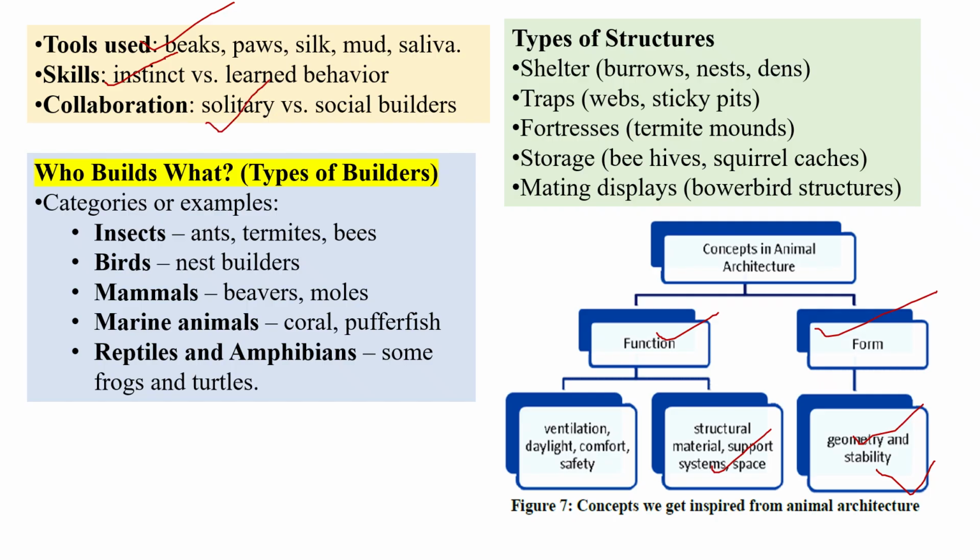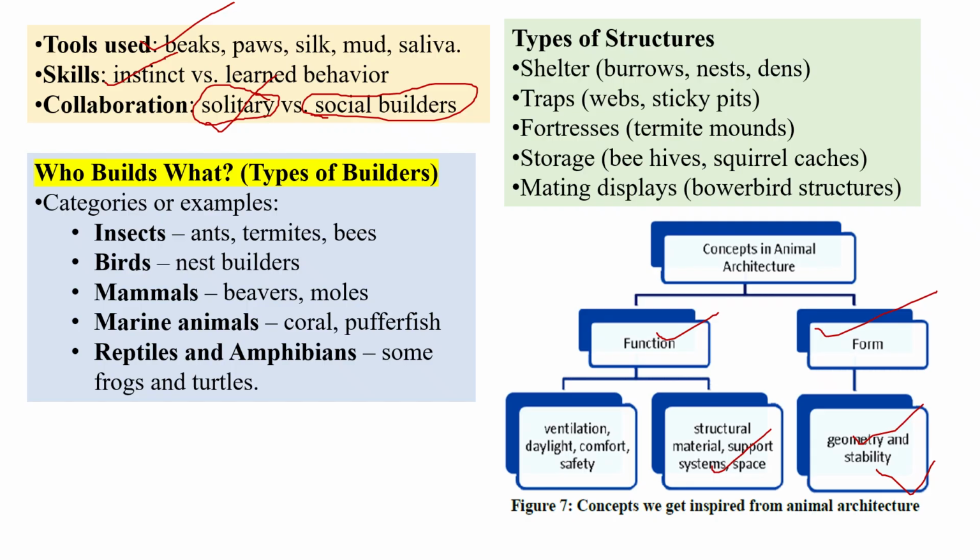Now, sometimes the animal may live alone, that is solitary, versus social builders. For example, a honeycomb is an example of a social builder. Spider is an example of a solitary builder. In a honeycomb, there are queen, worker and drone bees, so they are social builders.